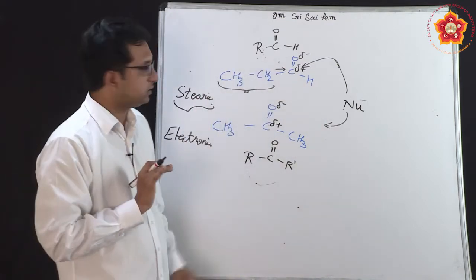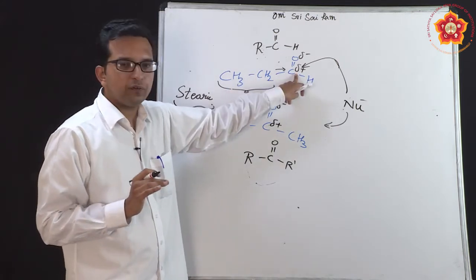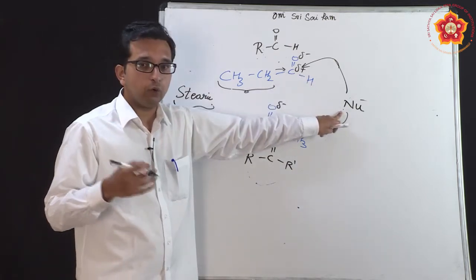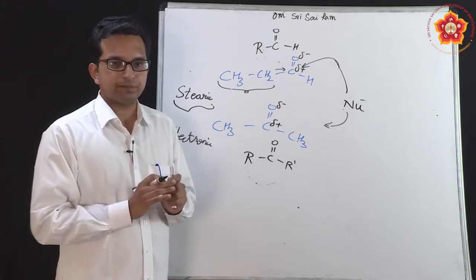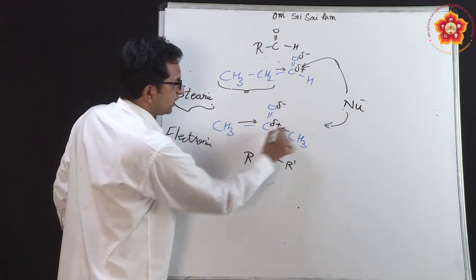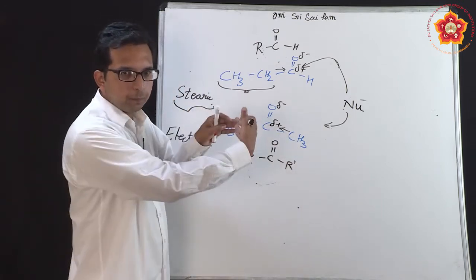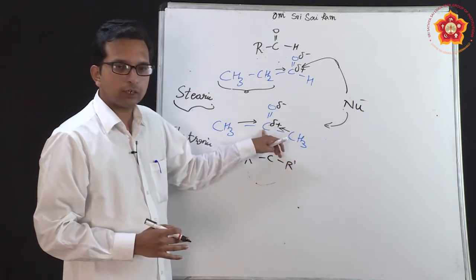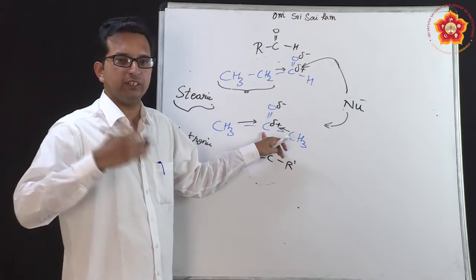Now, since these are electron donating groups, the electrophilicity of the system will reduce a little, and a nucleophile would rather like to attack the most electrophilic carbon. Here, on both sides there are electron donating groups. So, these groups are supplying electrons to the carbonyl carbon, thereby reducing its electrophilicity.